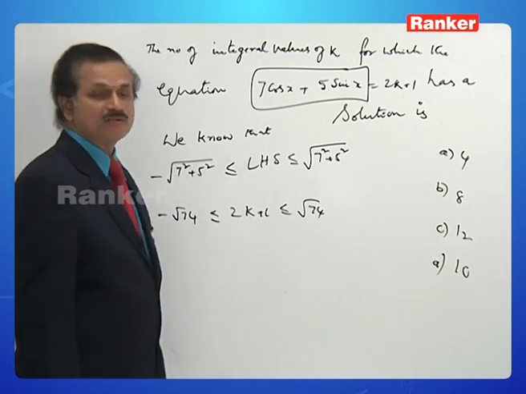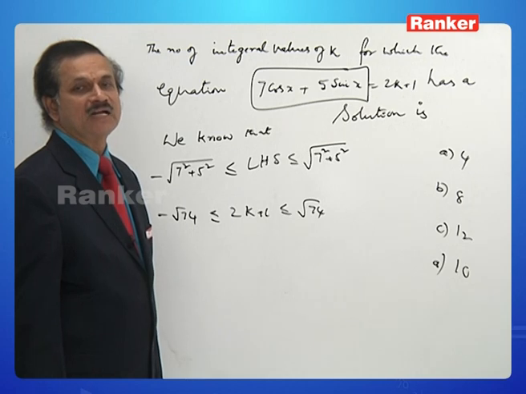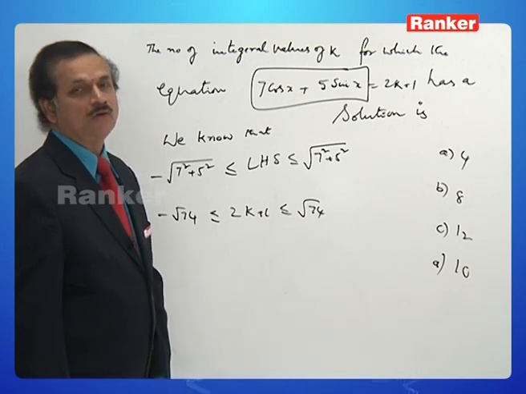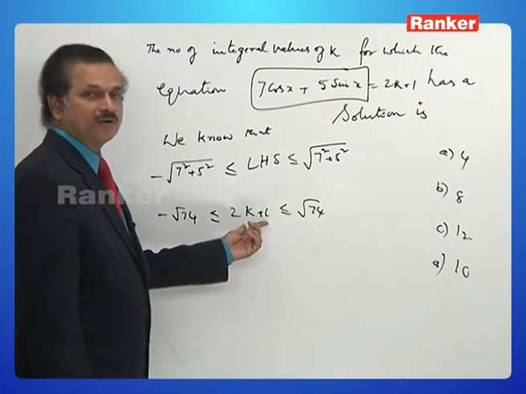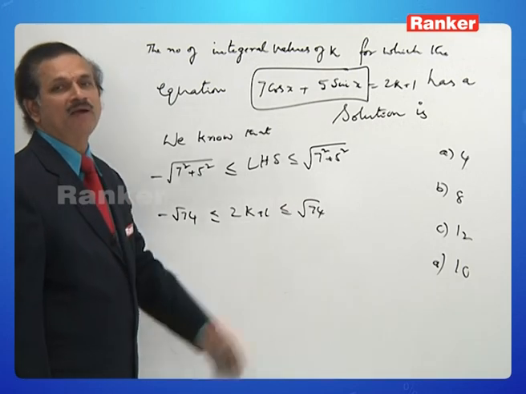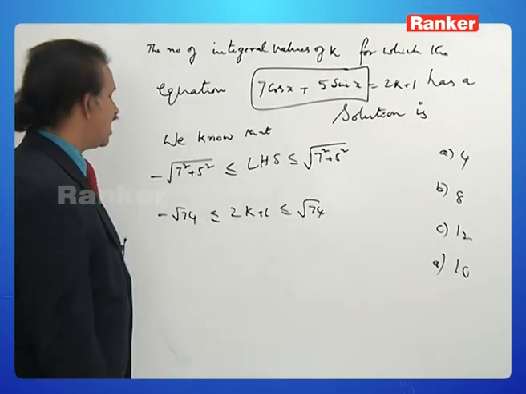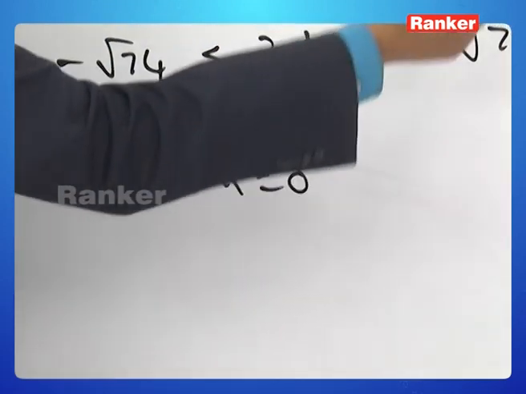What do you mean by root 74? Root 74 is greater than 8 but less than 9. So it is 8 point something. So 2k plus 1 should lie between minus 8 point something to 8 point something. Well, you start. K is equal to 0. 0 plus 1, 1.